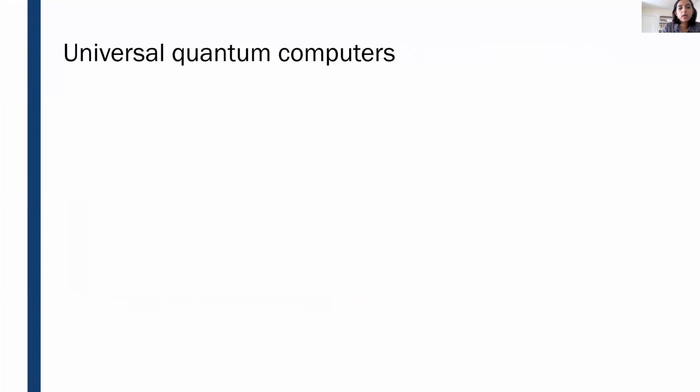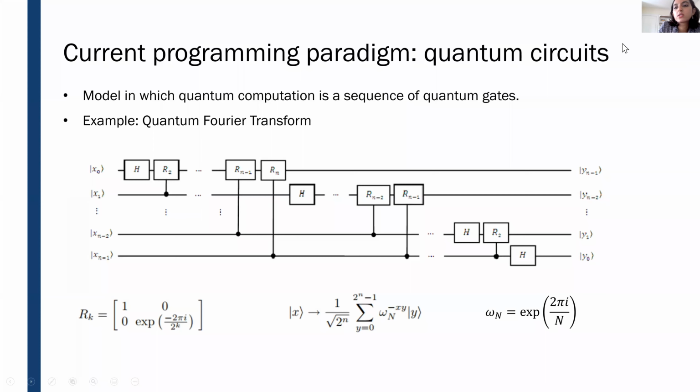Right. So does anyone have any questions about the notation? Could you explain what the intersection between the lines means, the dots? Oh, you mean over here? Yeah. So for instance, this is a quantum operation acting on x1 and x0, right?